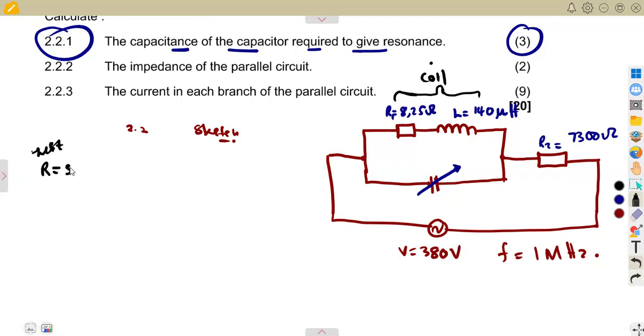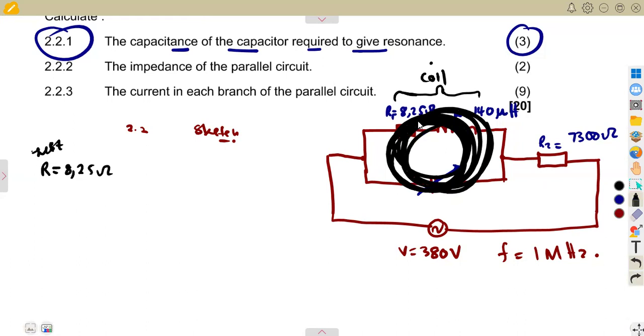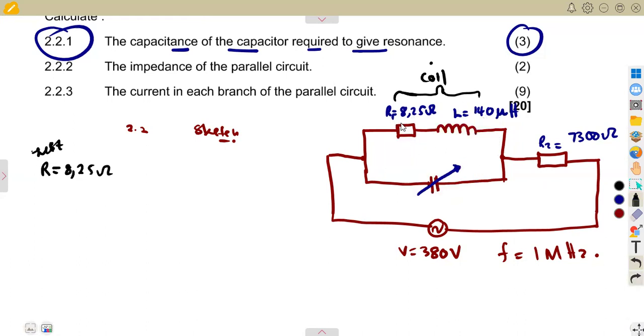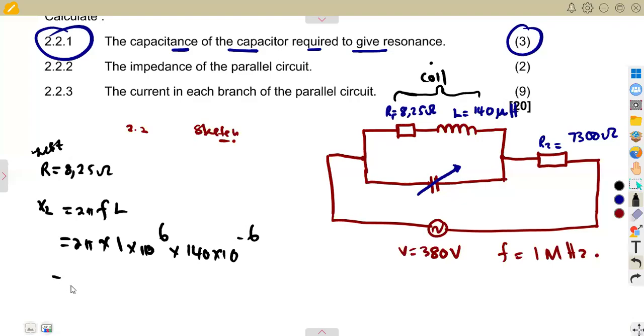Our R is equal to 8.25 ohms, connected in series with this inductor. We're talking about the parallel combination of the circuit. The resistance there is 8.25. What about XL? Because you have to compare R and XL. XL is equal to 2 pi FL. Remember, 2 pi times the frequency, 1 mega, that is times 10 to the exponent of 6, times the inductance, 140 micro, that is times 10 to the exponent of -6.